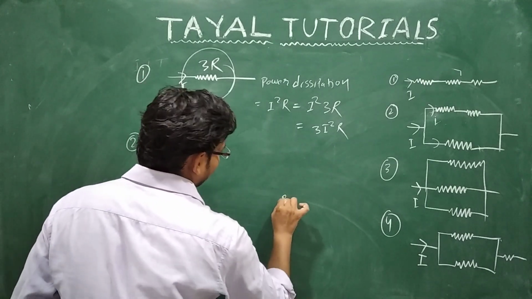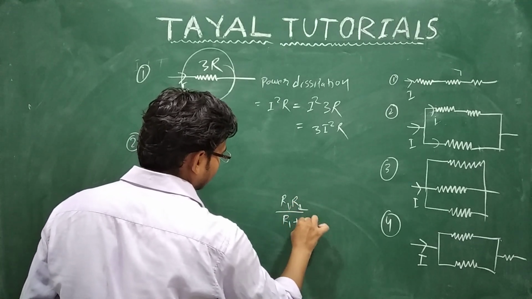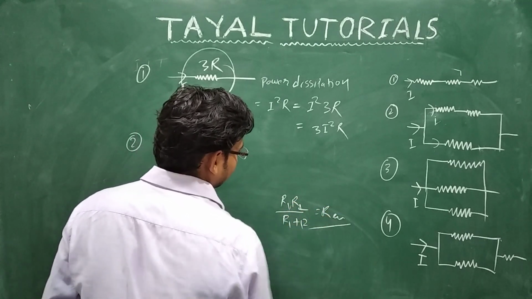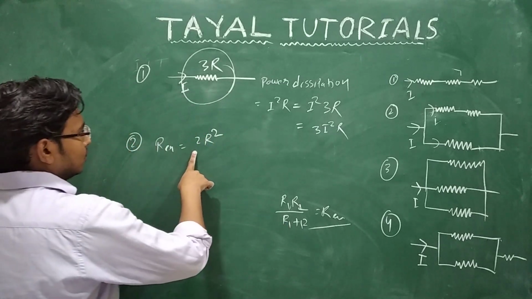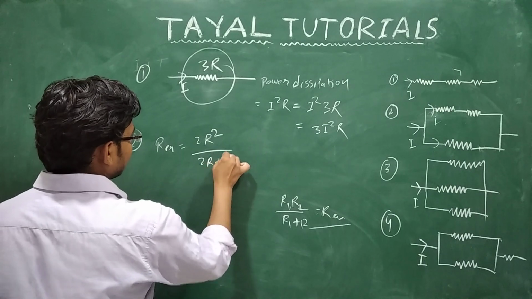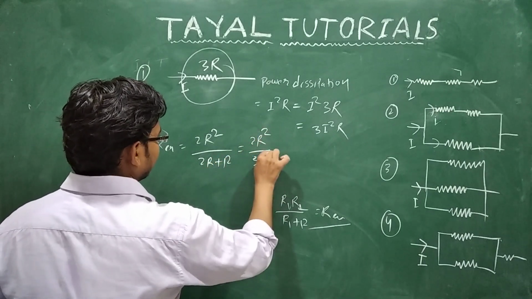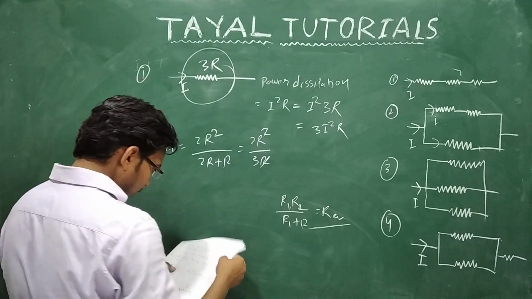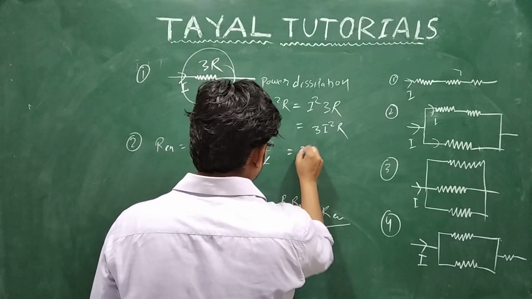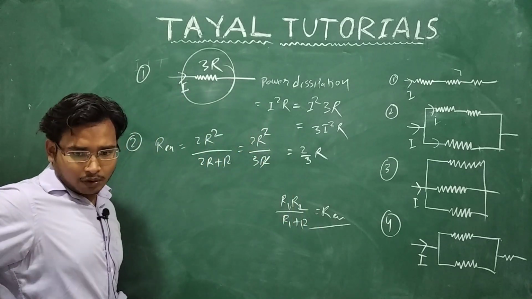You can apply the formula now. Many times I have written R1 into R2 divided by R1 plus R2 equals R equivalent. So 2R square upon 2R plus R, that is 2R square upon 3R, which is 2 by 3 R. Now again apply the power dissipation formula.